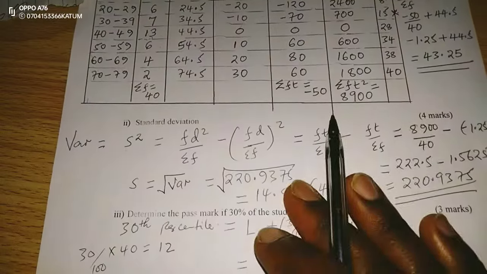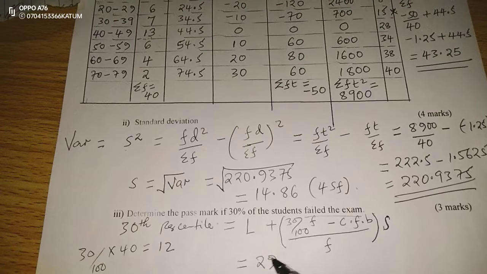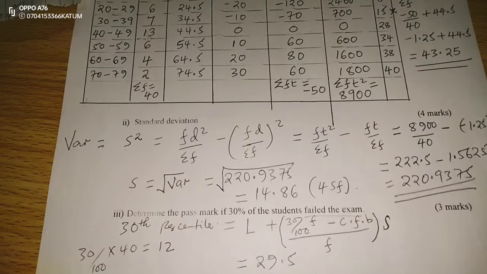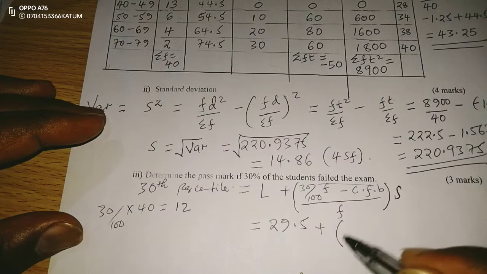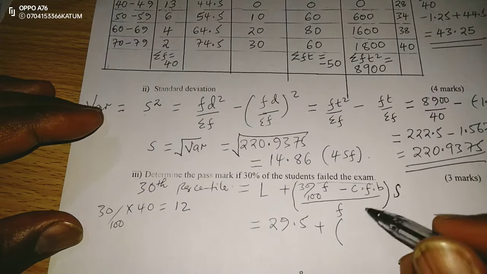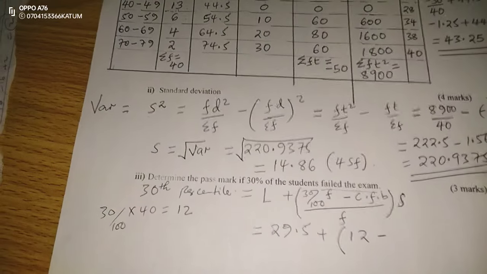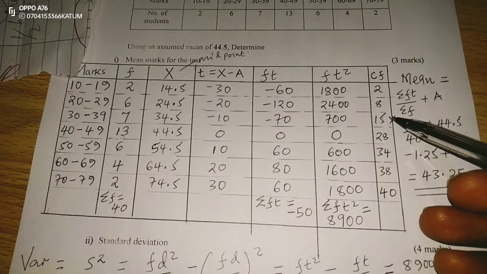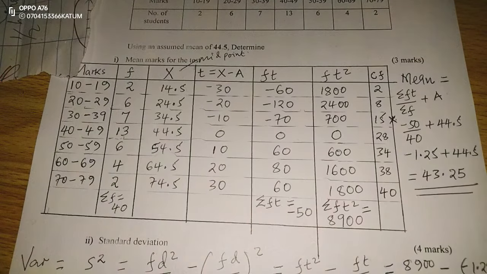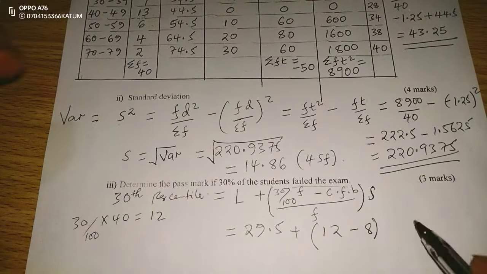So its lower class boundary is going to be 29.5. So to substitute in the formula, I'll need 29.5. Then I add 30% of total F, which is going to be 12. Then I subtract the cumulative frequency just before the cumulative frequency of the class we intend to use, which is going to be 8.